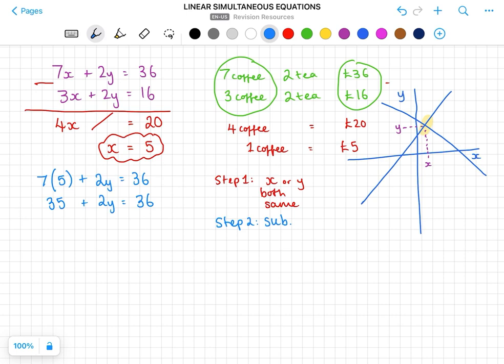Our aim is to find the value of y. We take 35 from both sides, leaving us with 2y equals 1, and divide by 2 to get y equals 1/2.